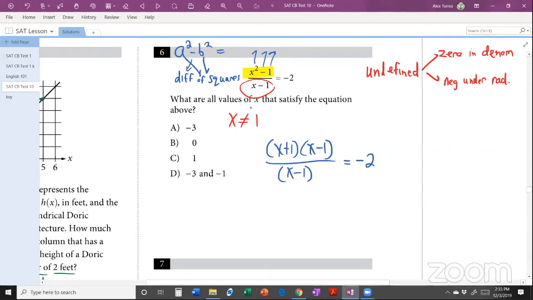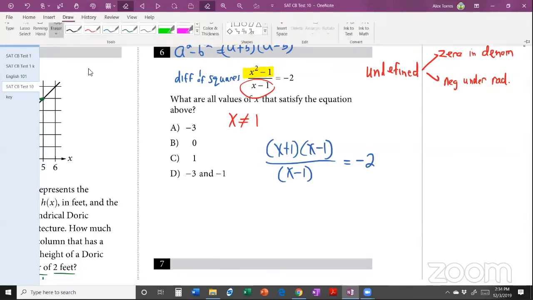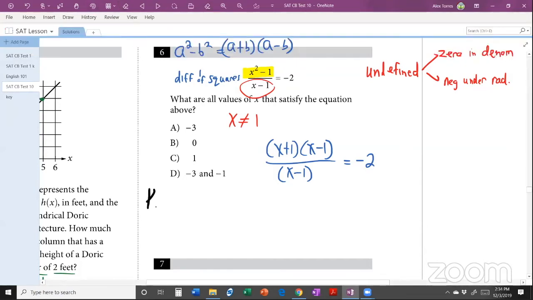So a little more about the difference of squares. How do we just know that a difference of squares factors that way? A squared minus b squared would have factored to a plus b, a minus b. Now, how do we know that that's the case? You know it's the case through familiarity, through having done a lot of these, and you should. If you are maybe not familiar with this yet, you could go to a website called CUDA.